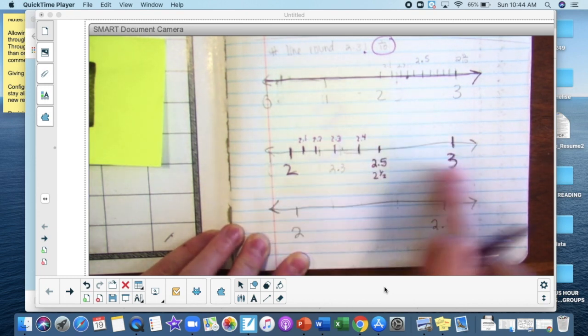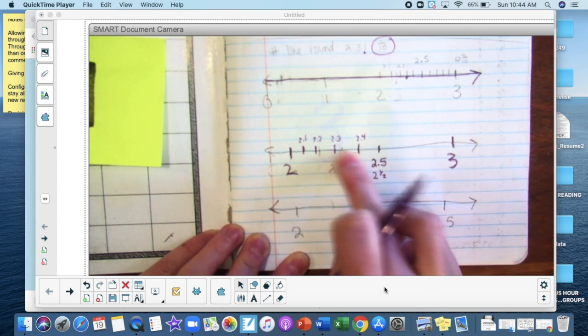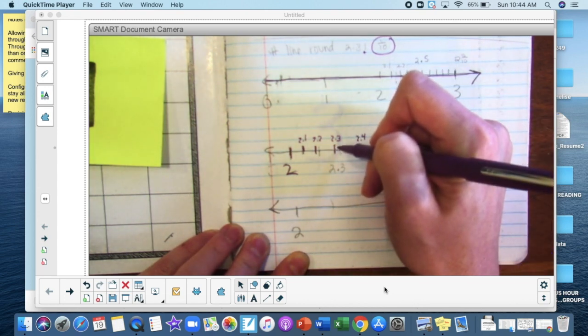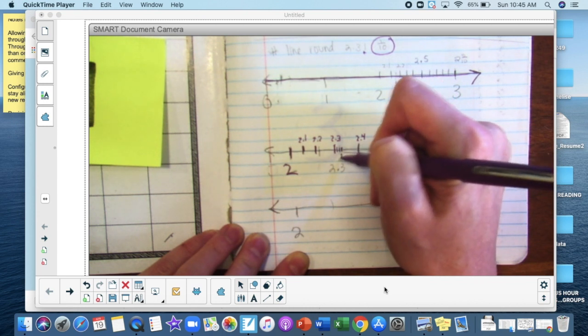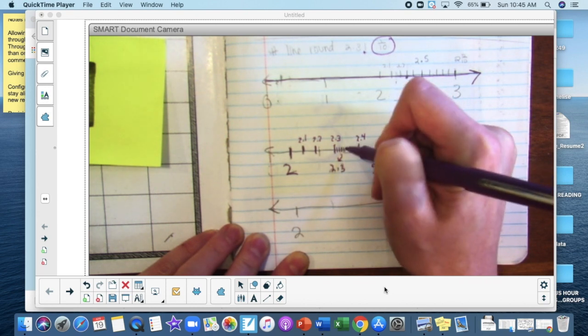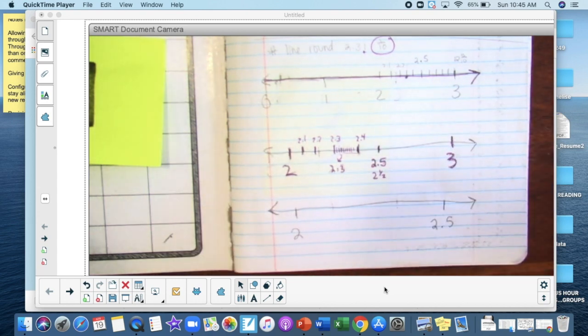There's 10 tenths in between 2 and 3, and then there's 10 hundredths in between 3/10 and 4/10. So that would look like 1, 2, 3. That's where 2 and 3/10 would be. 4, 5, 6, 7, 8, 9, and then there's my 10th.